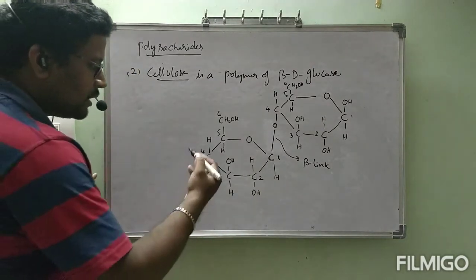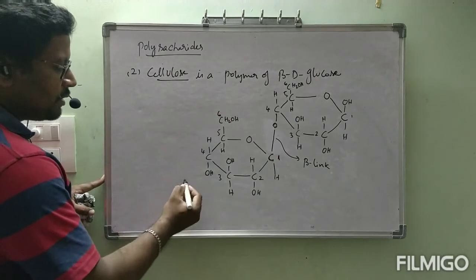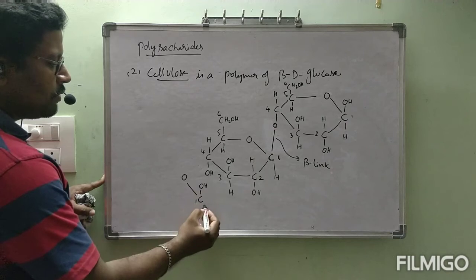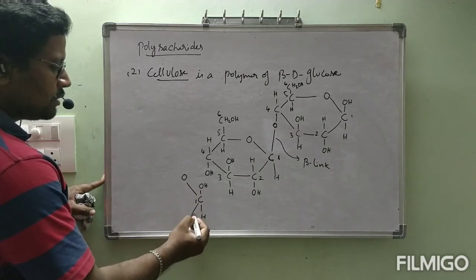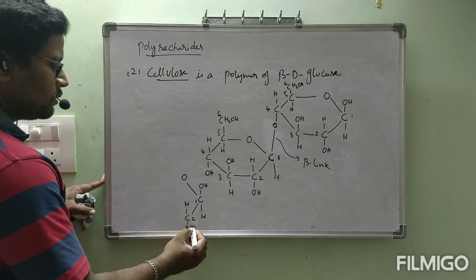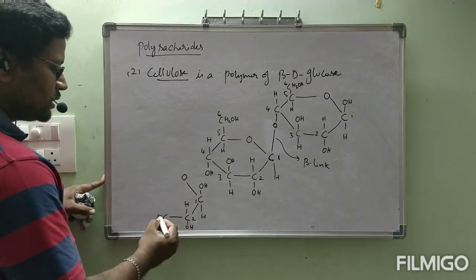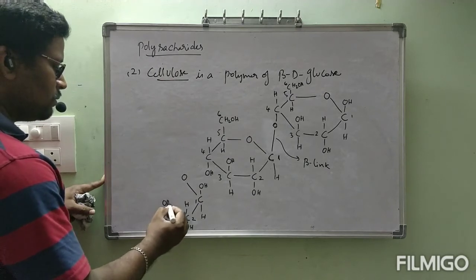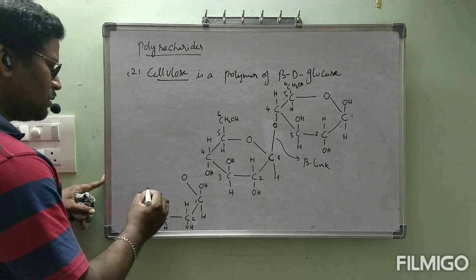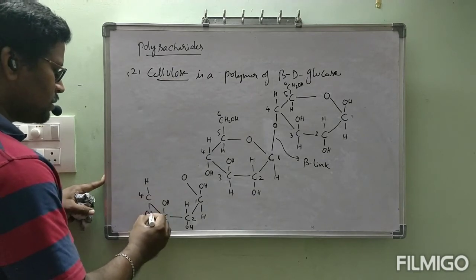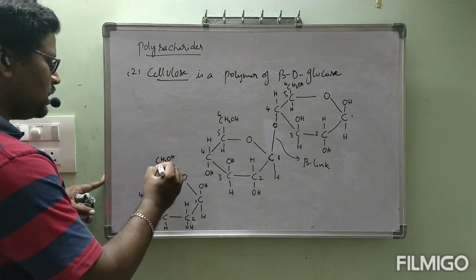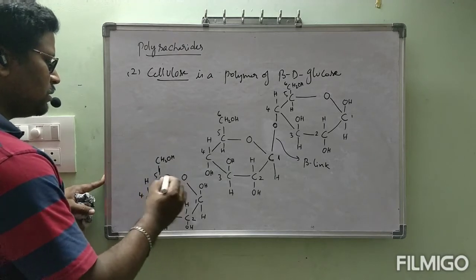Okay, next one more molecule. This is C4. Oxygen, C1, OH, H, C2, H, OH, C3, OH, H, C4, H, OH, C5, CH2OH, H here.